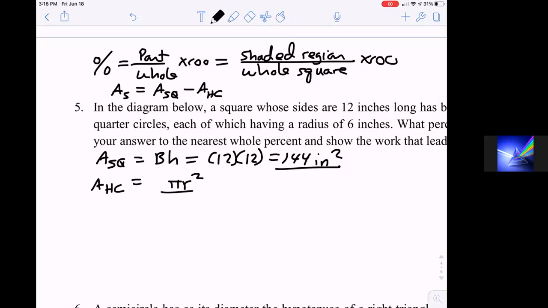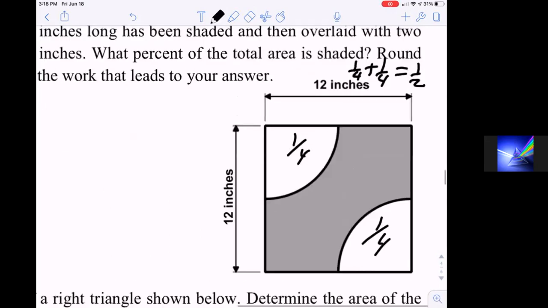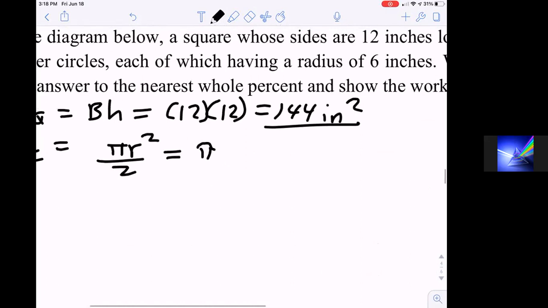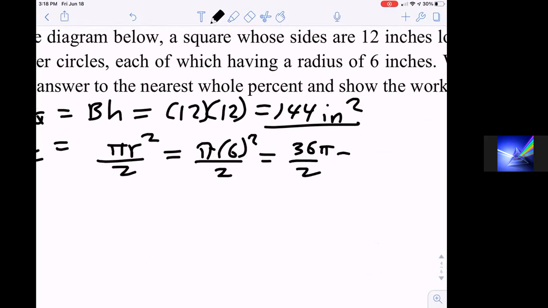The area of half the circle, now the area of a full circle is pi times r squared, so the area of half a circle would be, of course, half of that. And if you notice, the radius would be 6 inches because it's half the side of one of those sides of the square. So it's pi times 6 squared divided by 2, and 6 squared over 2 would be 36 pi over 2, which is 18 pi.